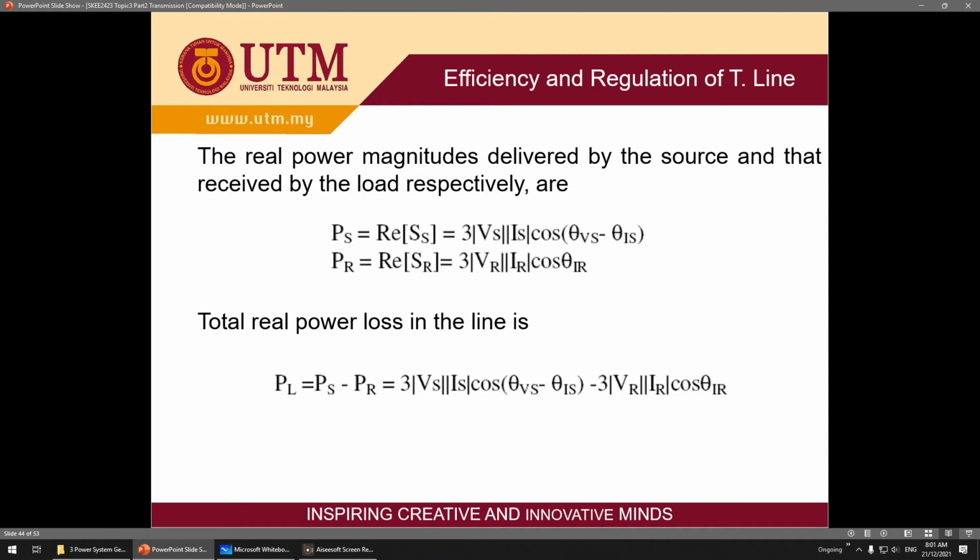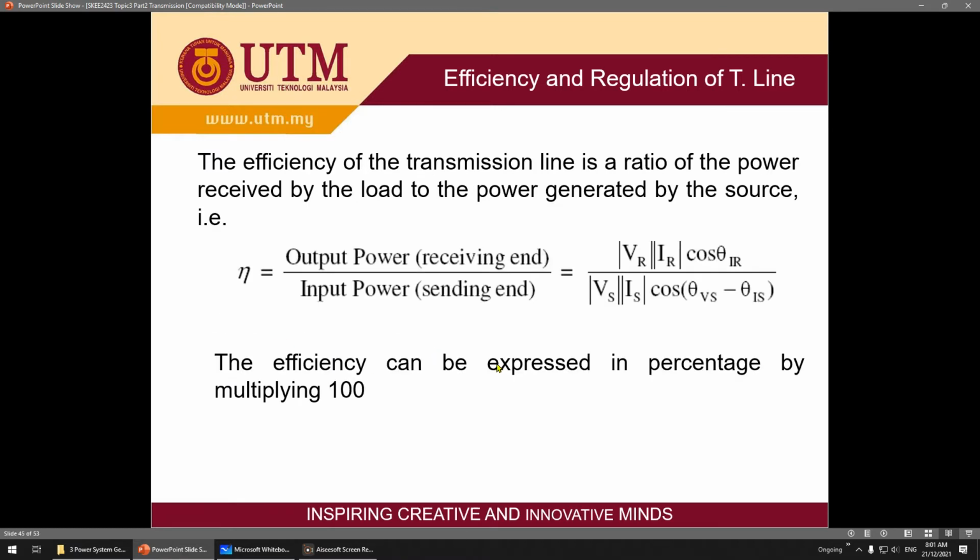If you want to know the power loss, it is just PS minus PR, power sending minus power receiving. This is also simple. And of course the efficiency is receiving divided by sending, output divided by input.